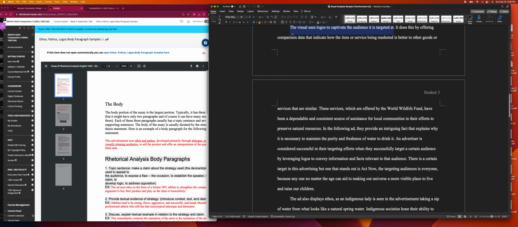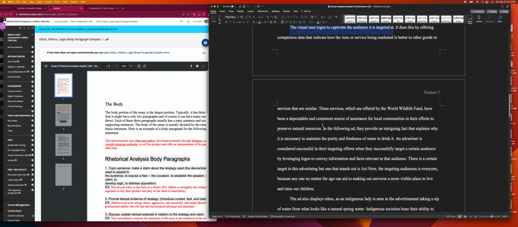It should not focus on outside sources, what someone else has said. It should not focus on anything that you got off the internet or anything that you researched. You should be looking at this photo and thinking, how does this photo make a reasonable or logical argument about the environment? Okay.